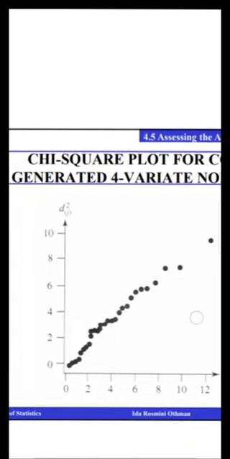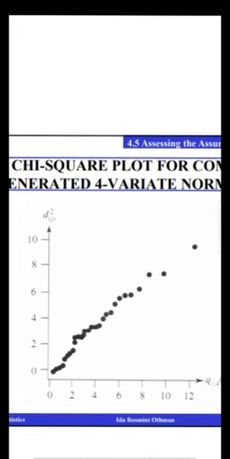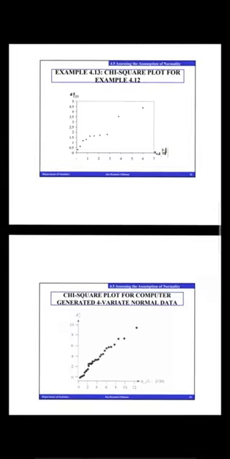So apa yang nampak kat sini, we can say that the four variate are normal, right? Because we see the straight line, having the slope 1 kan, and passes through the origin. So we can say that these four variate are normal. Okay, so that's all.